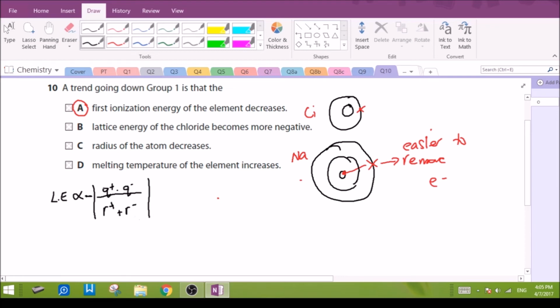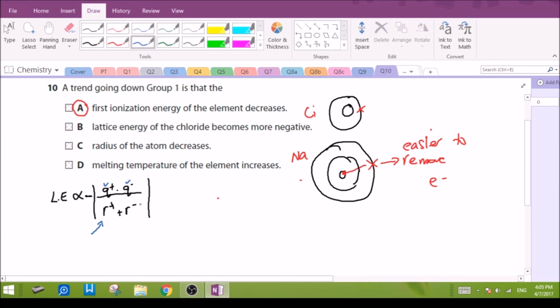So how does this compare down the group? For the charges, because we are talking about just +1 charges and chlorides, it will be consistent down the group. The differences will be affected only by the change in the radius of the positive ions.